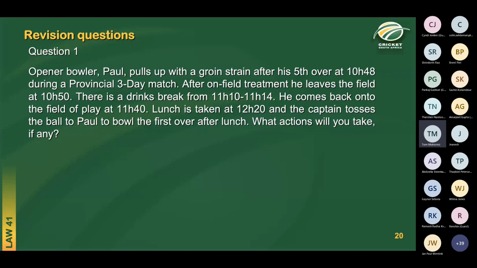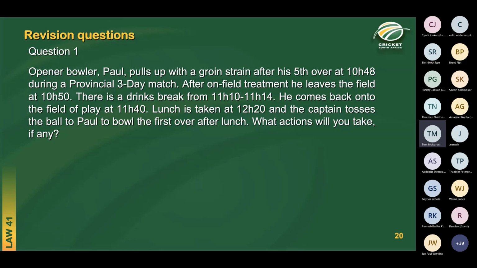There's a drinks break from 11:10 to 11:14. So what I like to do is say he's been off from 10:50 until 11:10. At the drinks break at 11:10, how much penalty time does he owe us? Then we say from 11:10 to 11:14, it is a scheduled break. What do we do with the scheduled break?